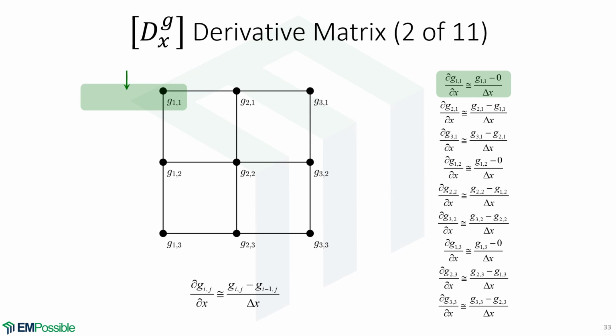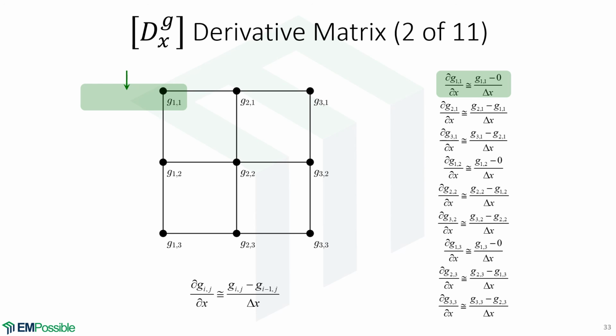And so we're going to use Dirichlet boundary conditions where we assume all functions from outside the grid are 0. So that's exactly what we do. So now the finite difference will read G11 minus this G from outside of the grid, which does not exist, so we'll just let it be 0. So G11 minus 0 divided by the spacing between them, which is delta x. So our finite difference approximation is G11 minus 0 divided by delta x.